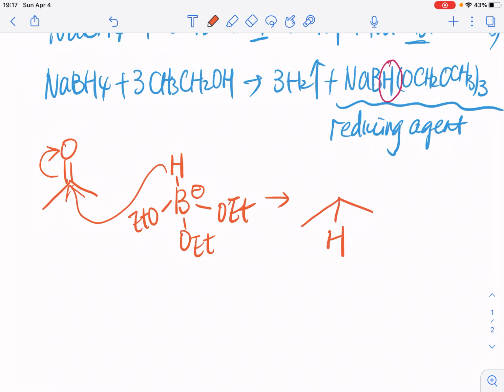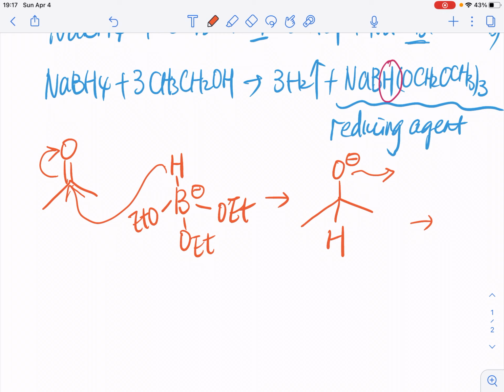That's the hydrogen we add here. At the same time, it's going to kick the double bond. It's going to shift one of the double bonds, the electrons, up to the oxygen, which creates an alkoxide intermediate.